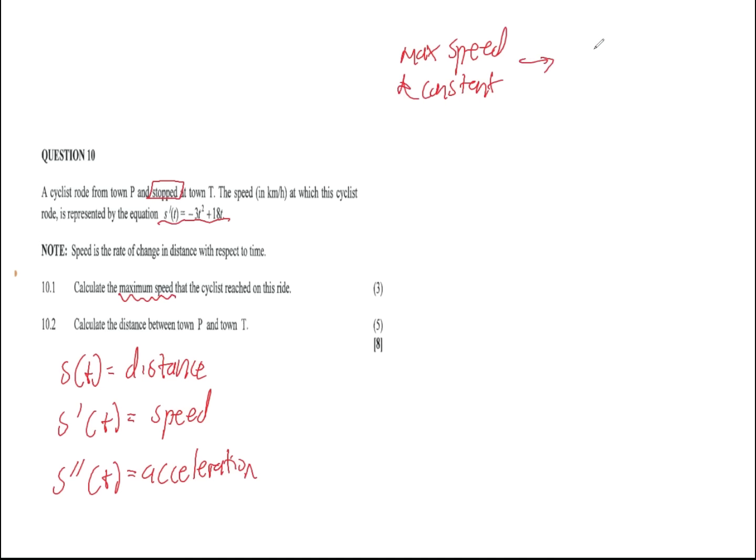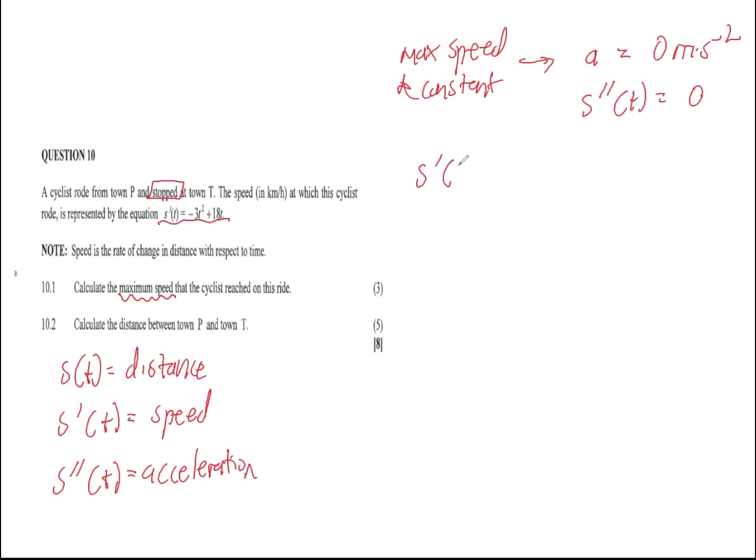So a constant maximum speed would mean that my acceleration would have to be 0 meters per second square, meaning according to this, my second derivative would have to be 0. Right? So in order to calculate the maximum speed, I would have to find the time at which there will be an acceleration of 0 meters per second square. So what do I do?